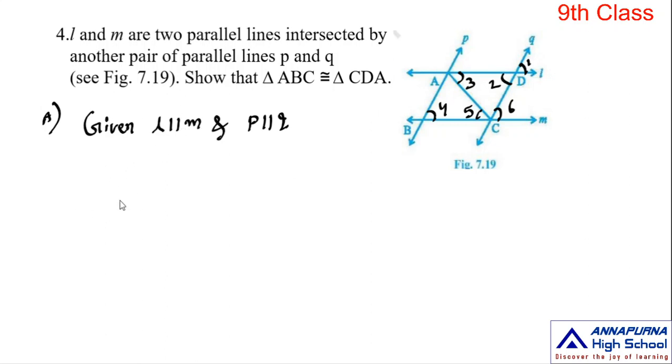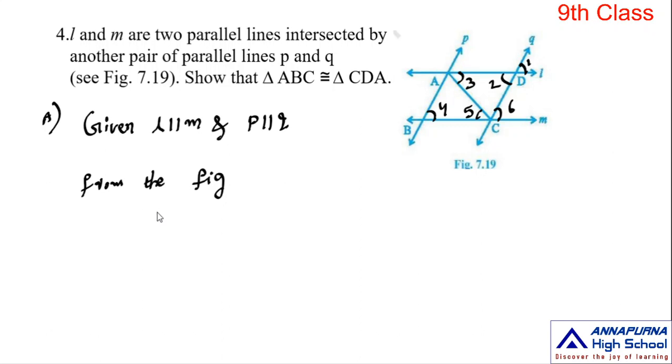From the figure, first, the lines L and Q are intersecting lines. So angle 1 and angle 2 are vertically opposite angles and equal.